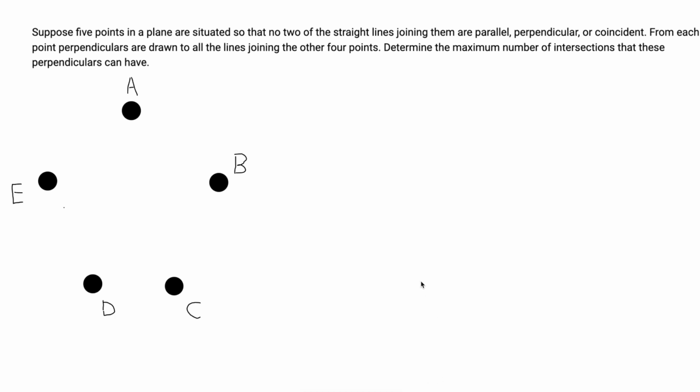First, we should determine how many lines are going to be drawn. So let's just consider the point A. How many lines will be drawn from the point A? Well, we look at all the other lines that are drawn, and then we draw perpendicular lines from A to those lines. So the number of lines drawn will be 4 choose 2.